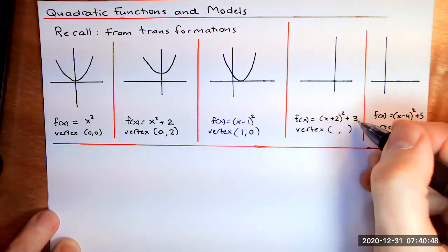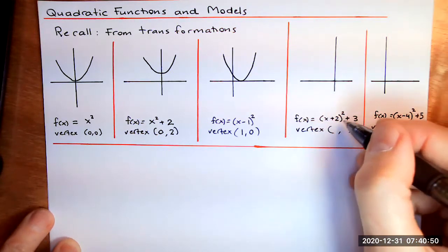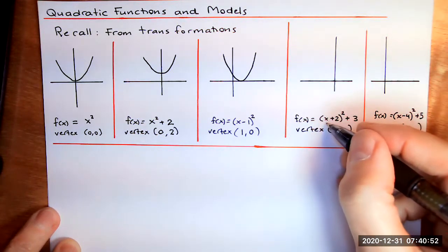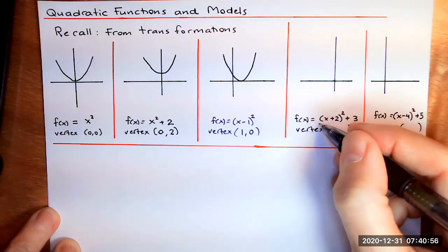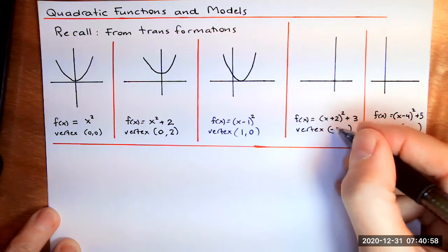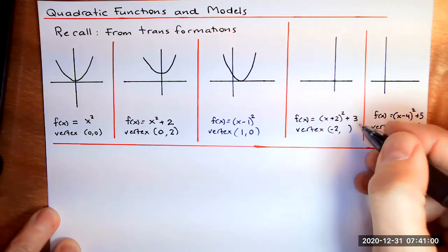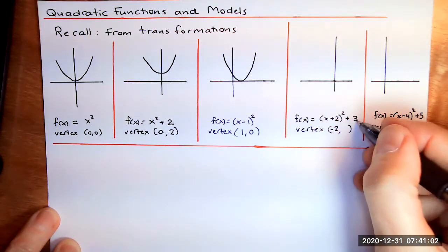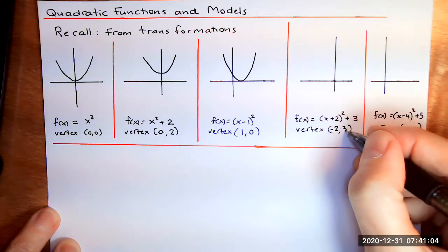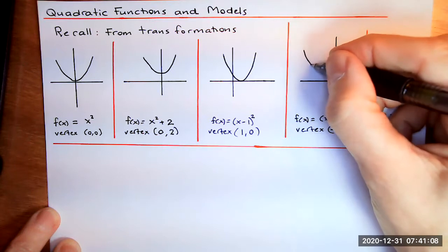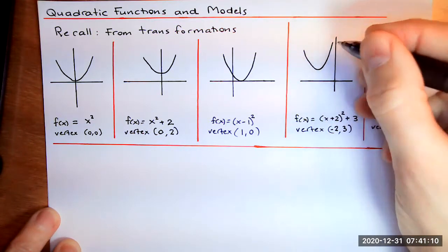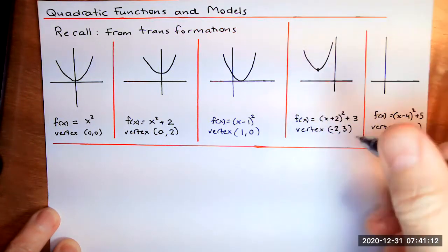And then if you do 2 changes, if you add 2 to the inside of the function, that'll move the vertex to the left 2 places. And then adding 3 to the outside will shift it up 3 places. So the vertex will be at -2, +3.